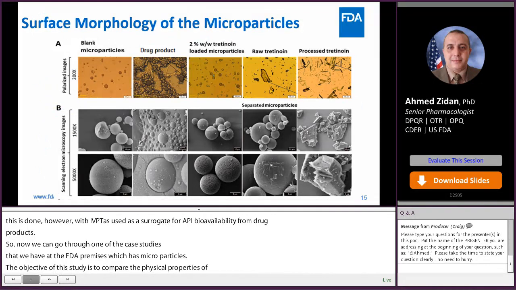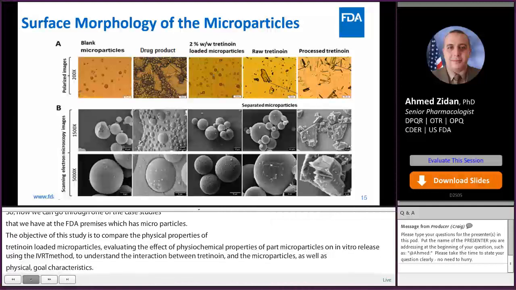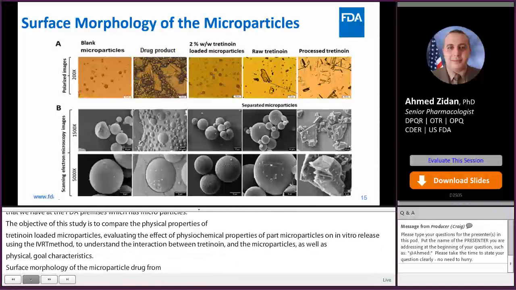Surface morphology of the microparticle drug product, as well as tretinoin powder and processed tretinoin, was evaluated. Polarized images of the blank microparticles show that these microparticles were spherical in shape, polydispersed, and free from aggregates. Images of the drug product show spherical microparticles present in the gel matrix.